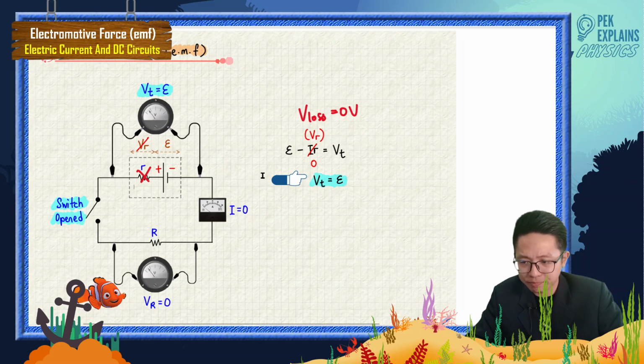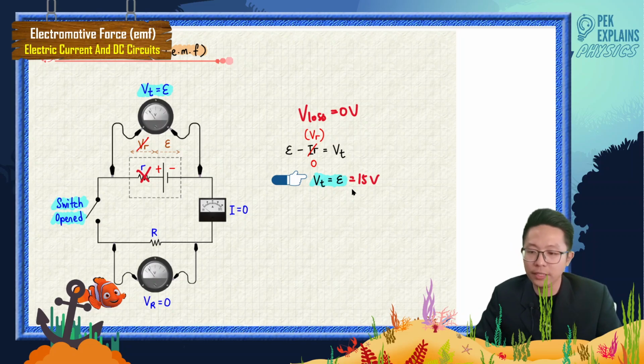So the terminal voltage, the voltmeter connected across the terminals of the battery, will get the EMF. That means this terminal voltage will get the 15 volts totally, because no current flows inside the circuit.